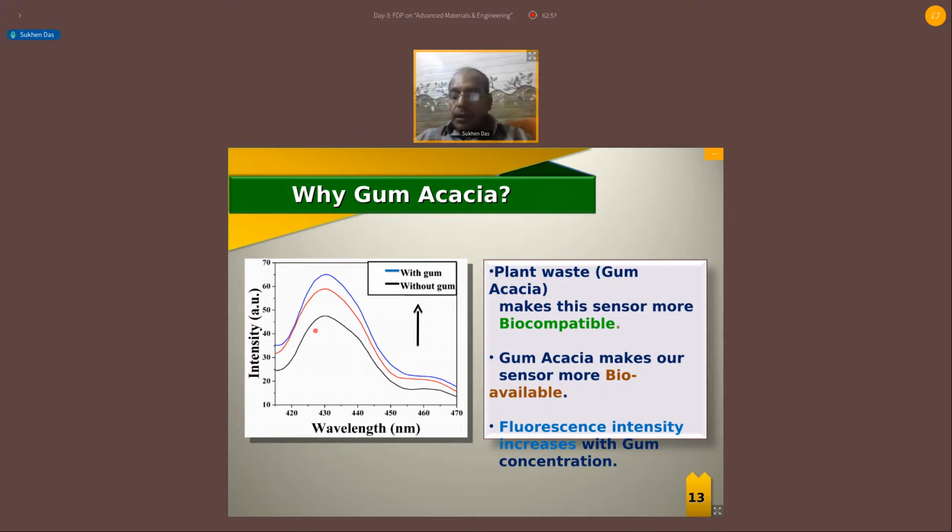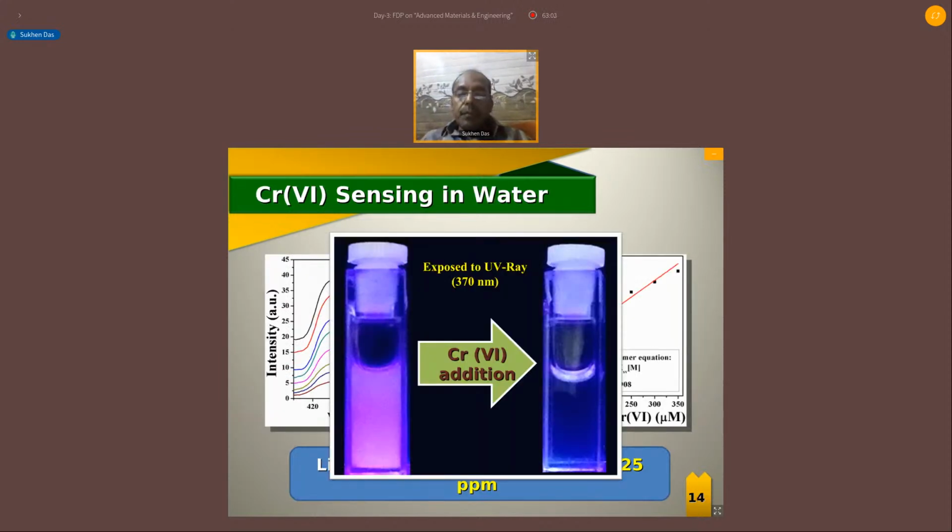After getting this, we process again, and here is what we have found. This is the first thing: only the boehmite where we allow the 370 nanometer UV light, and you can see that the fluorescence property is there.